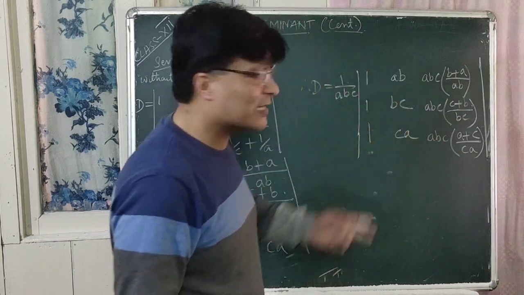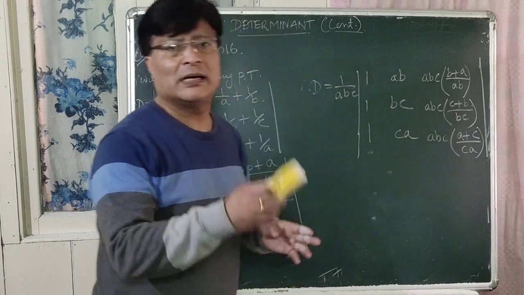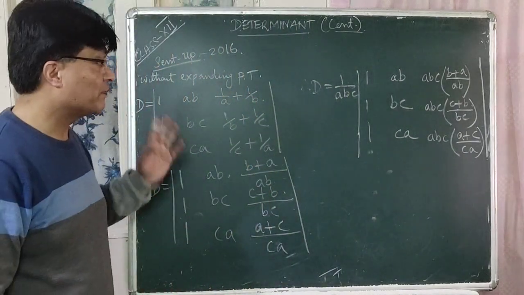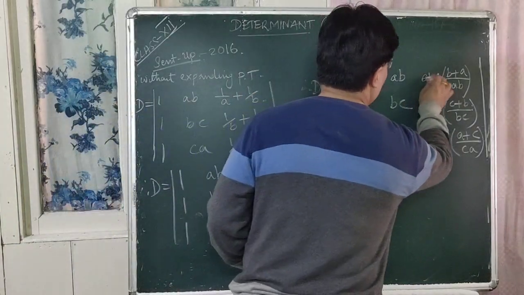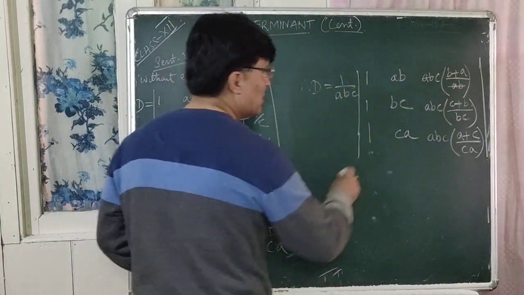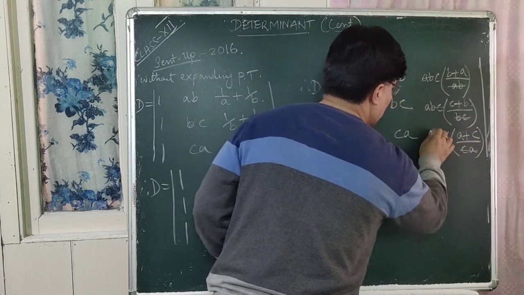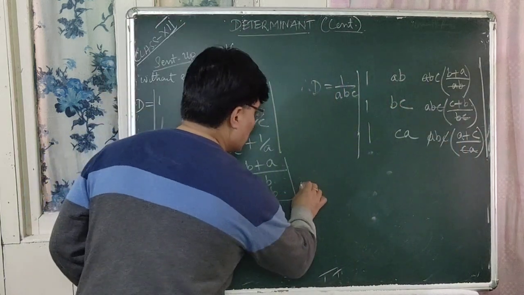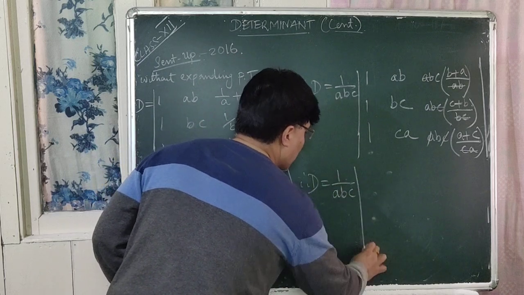So in order to cancel it, we have written 1 upon ABC outside the determinant. Here this AB gets cancelled, this BC gets cancelled, this CA gets cancelled.